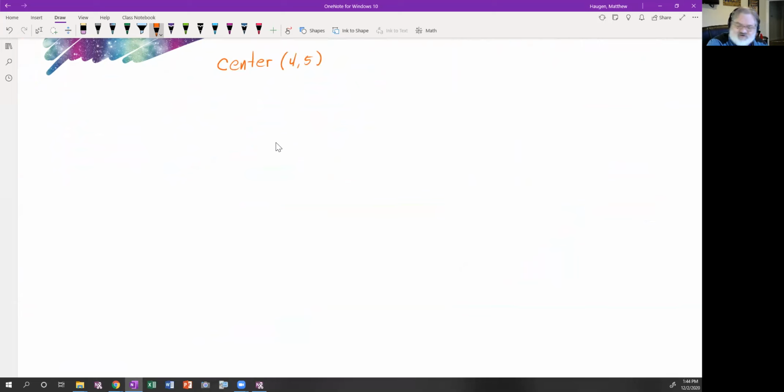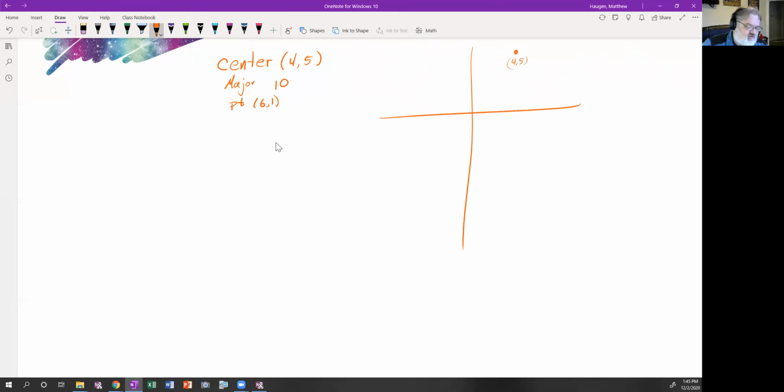So that's our center, our major axis. The major axis is always the long one. So major axis is 10, and it's passing through some point at 6,1. So first and foremost, I'm going to draw this. So 4, 5.